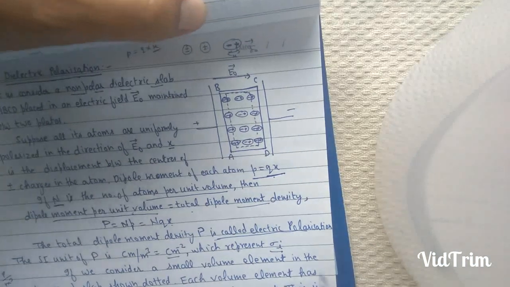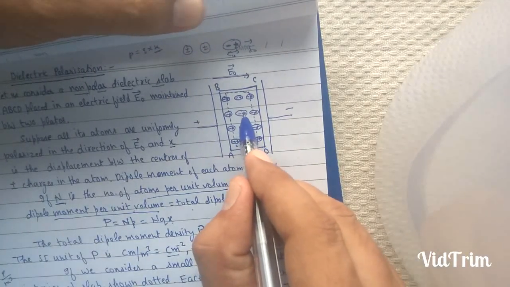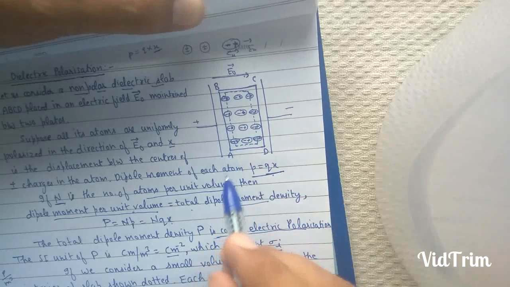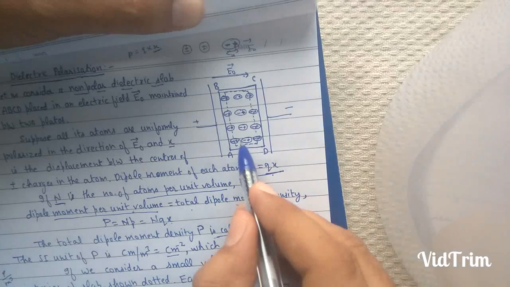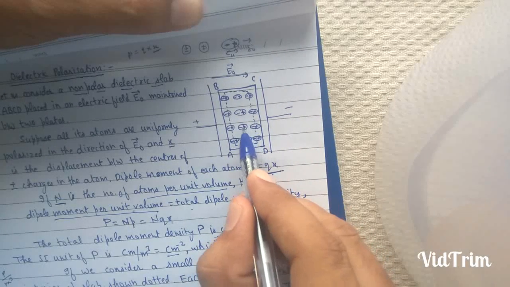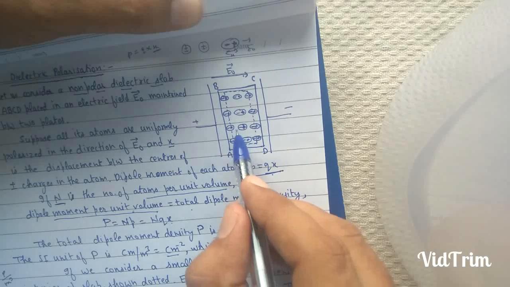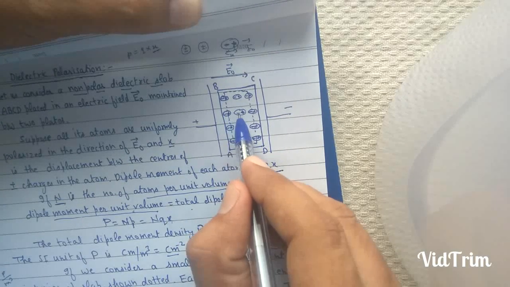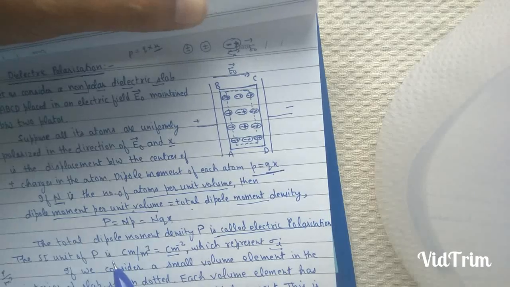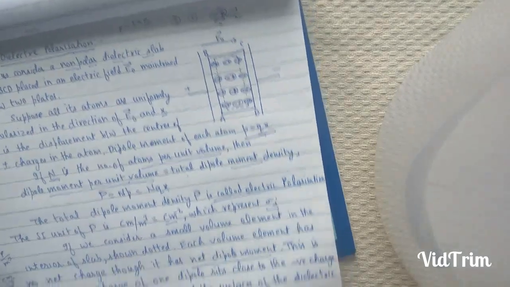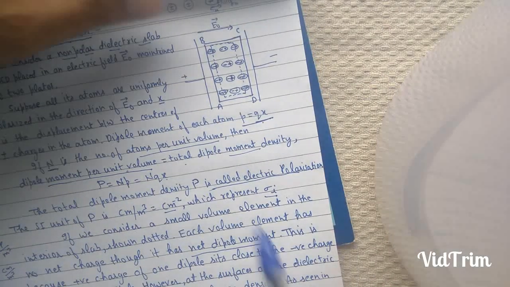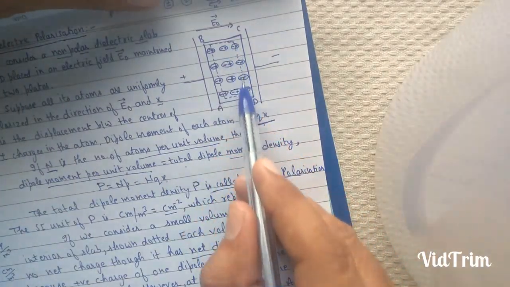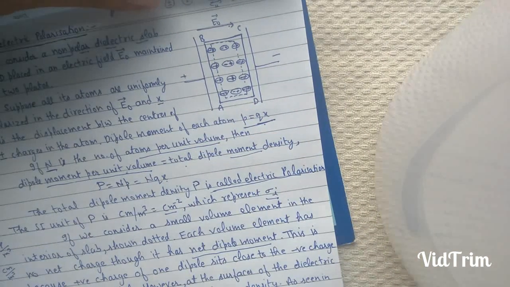This is because the positive charge of one dipole sits closer to the negative charge of the adjacent dipole. Therefore, the net charge in each volume element is 0.